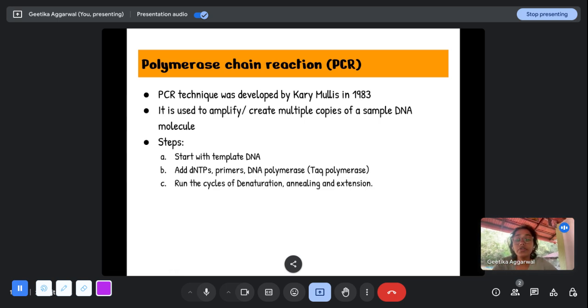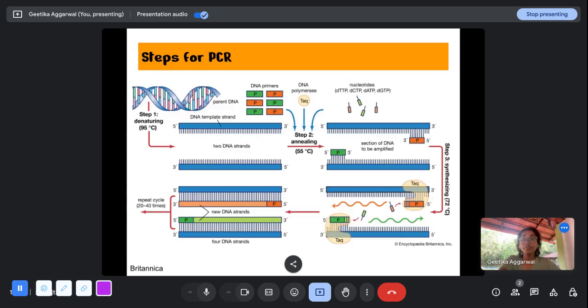Then you run the cycles of denaturation, annealing, and extension, which I will explain in the next slide. And then you repeat these cycles again and again till you get the amount of DNA that you're looking for. So these are the steps involved in a PCR. This is one cycle of PCR, in which there are three steps: denaturation, annealing, and synthesizing or extension. And then you keep repeating this cycle.